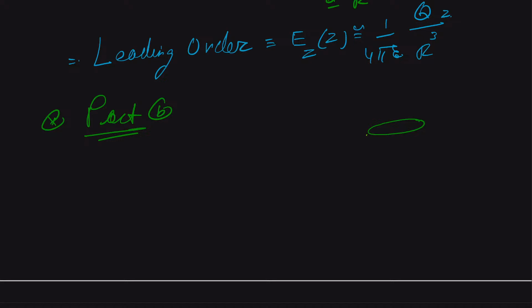Suppose this is the plane of the ring, and this is the axis of the cylinder. The center is somewhere here, and this cylinder is symmetric about this axis. So we have z naught on the positive side as well as z naught on the negative side. The total length is twice z naught, and the radius is r naught.